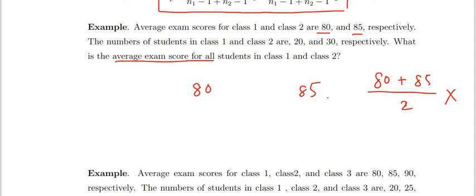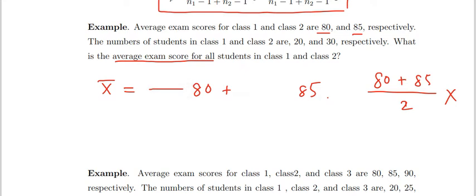If it's a big class, it should weigh more, right? So actually the average for all, the average for two classes, should be the weighted average of these two numbers, and weighted on what? On their number of students.